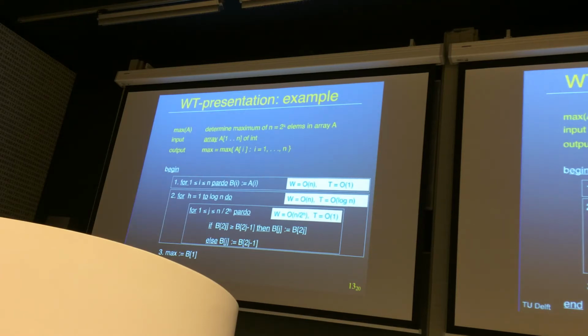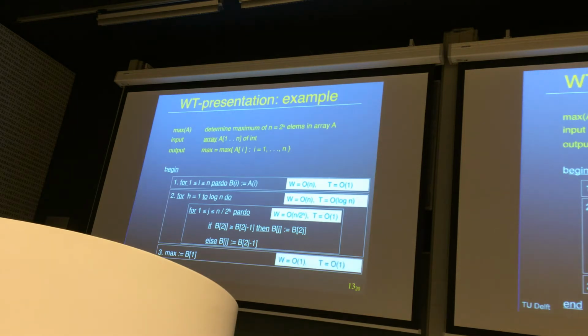There is one formal reason and there is an informal reason, and this informal reason is far more important, and it has to do with your intuition. I think because the work complexity is n divided by 2 to the power h, and the number of levels you have is log n, and then you put that in the h, and you get your magic formula. Okay, that's the formal reason.